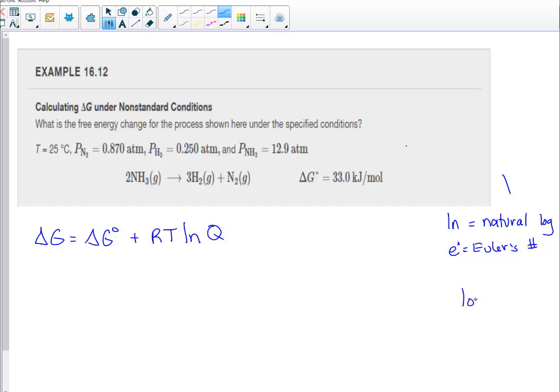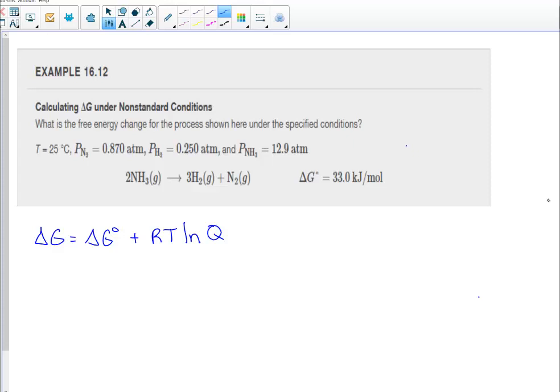It's very different than a log base 10, where 10 to the x is the opposite. So log is base 10, and a natural log has a base of Euler's number. I just want to make sure you see the difference. We're not taking base 10 logs. We're taking natural logs, so make sure you're hitting the ln key on your calculator, not log.